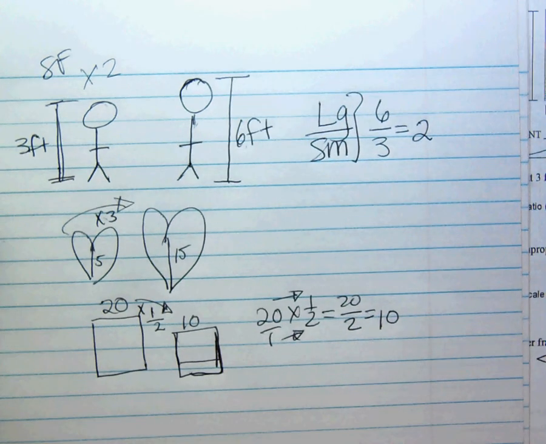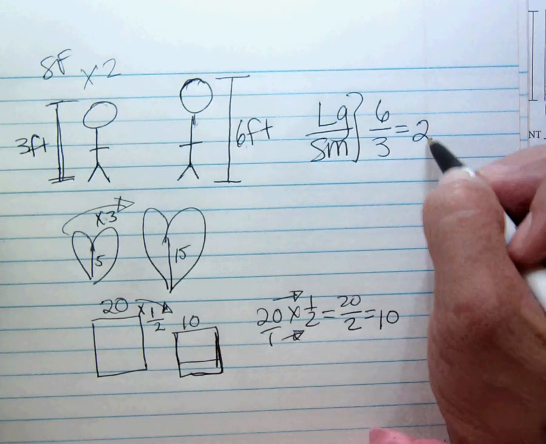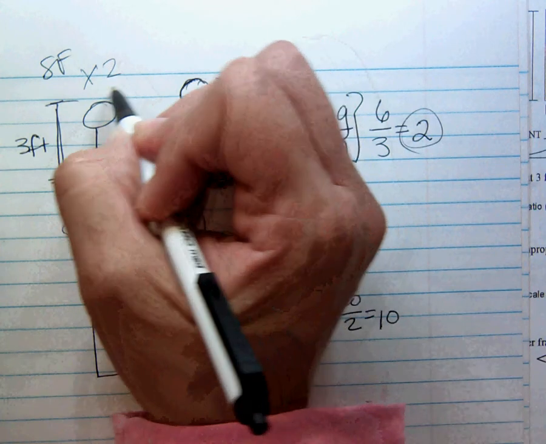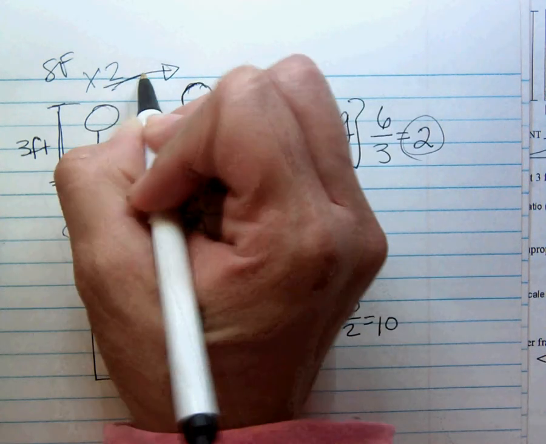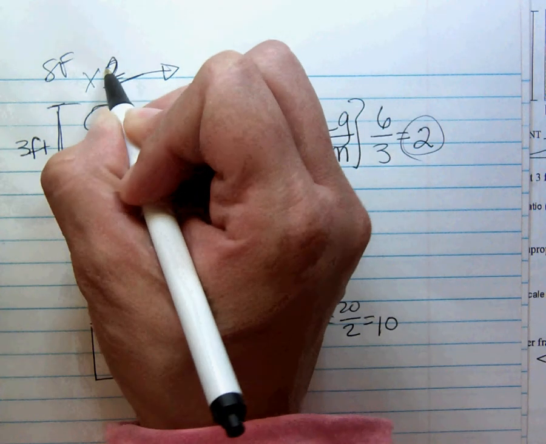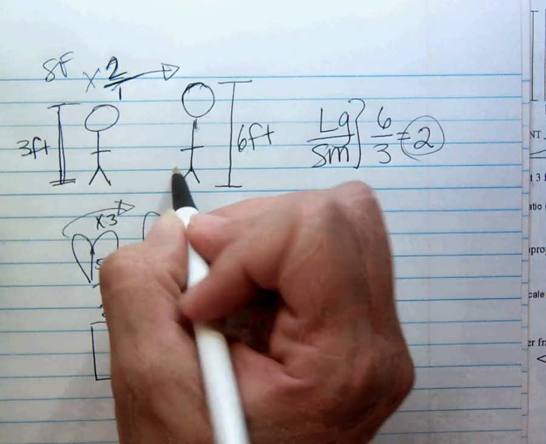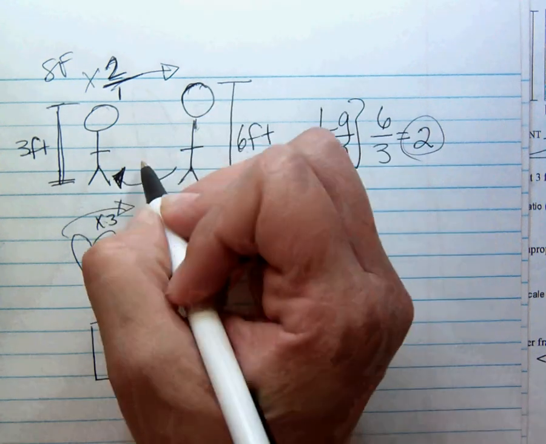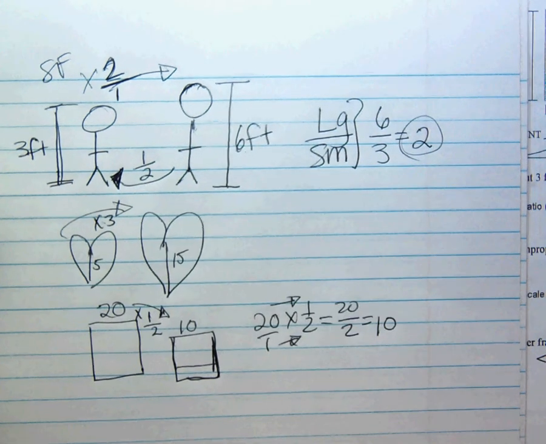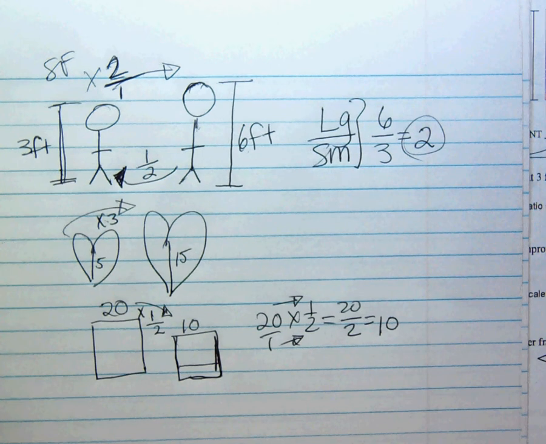That is going to be your enlargement scale factor, because it's greater than 1. So that means I put an arrow going this way, times 2. I'm going to put a 1 under that 2 because it turns into a fraction. If I come back the other way, if I take the reciprocal of it, meaning flip that fraction over, you get the reduction scale factor. And that will work every single time.